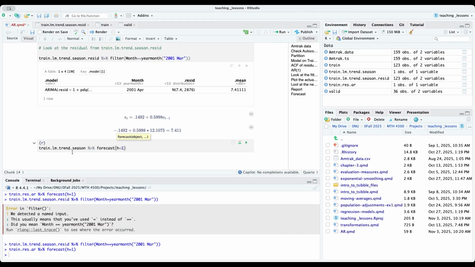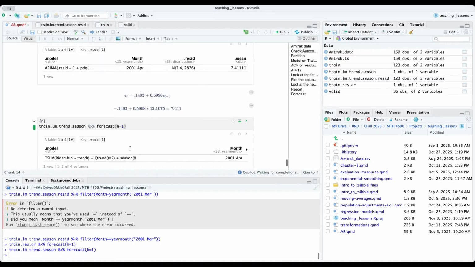So h equals 1, we are forecasting the April 2001 number of riders. We got 2,004,271, the forecasted value of April 2001 on the validation set, just one forecast.